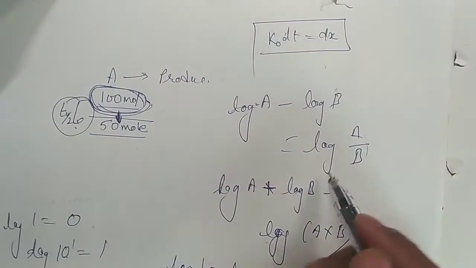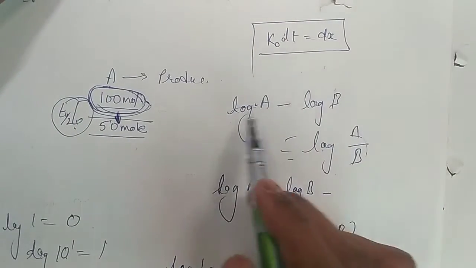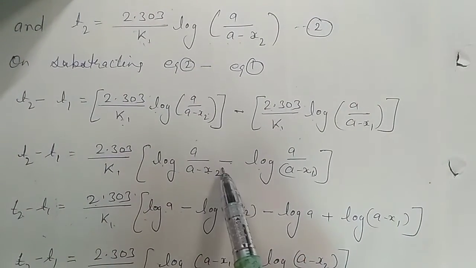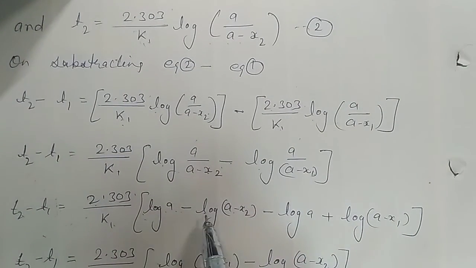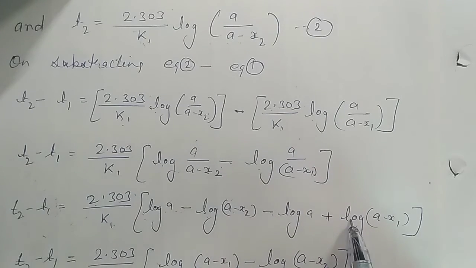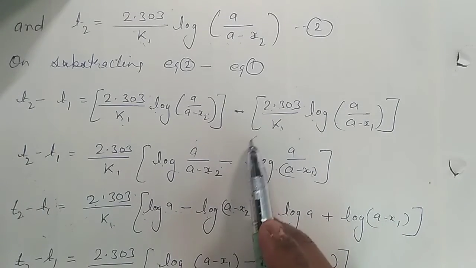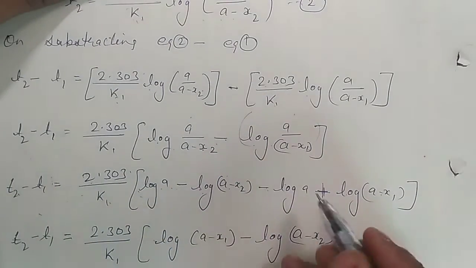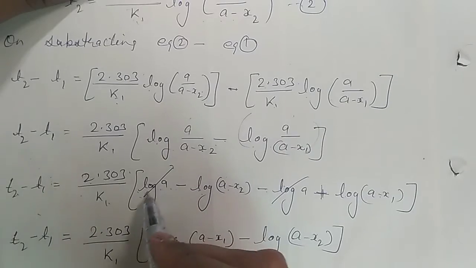I have told you log A upon B means log A minus log B. So here log A upon A minus X2 is equal to log A minus log A minus X2, and minus log A plus log A minus X1, since the minus in the bracket changes the signs. Now log A is cancelled by log A, plus and minus.